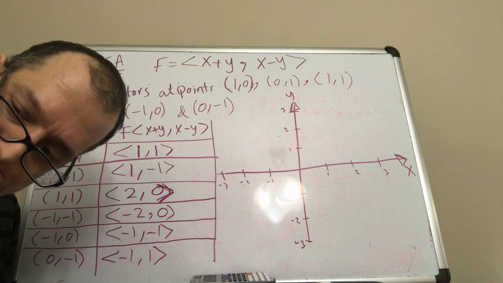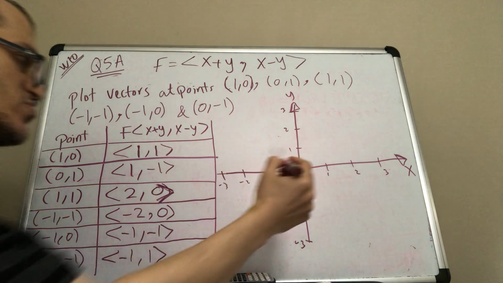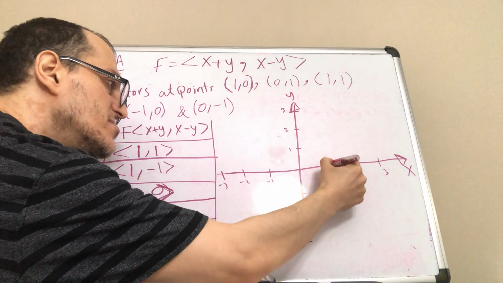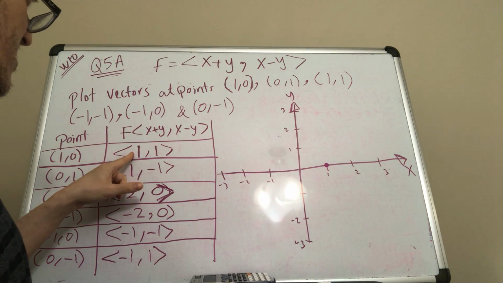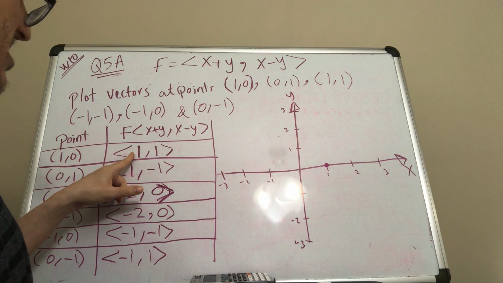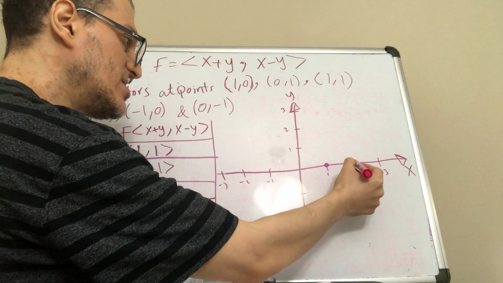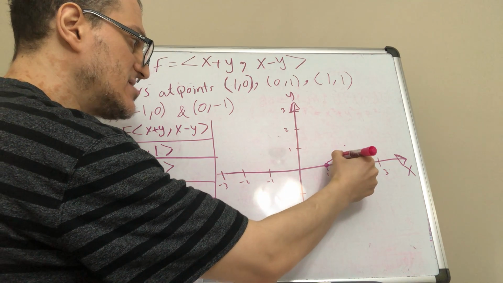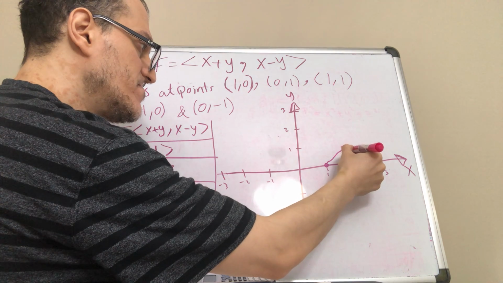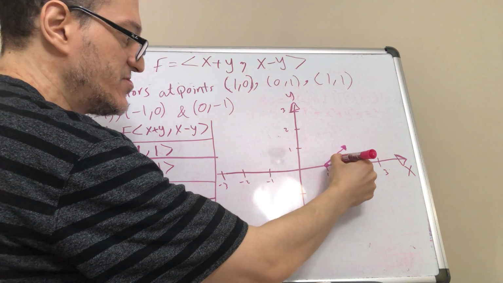I'll use a different marker. We need to go to point 1, 0. This is point 1, 0. Your vector goes right 1 and then up 1, so we go to this, and that's the first one for the first point.